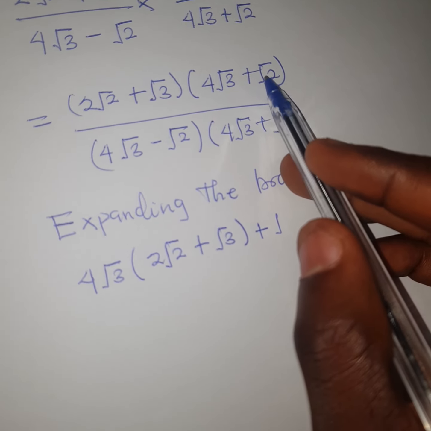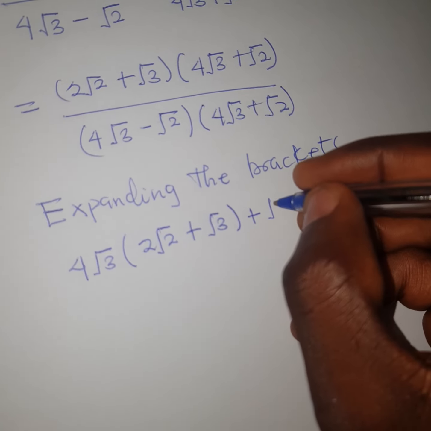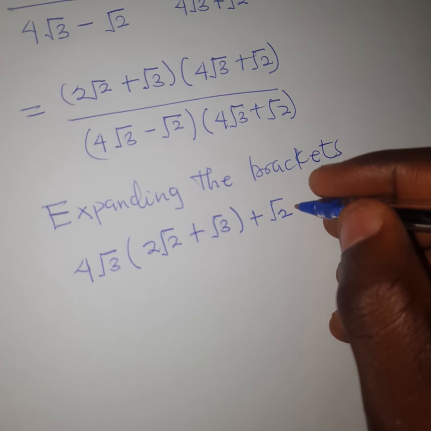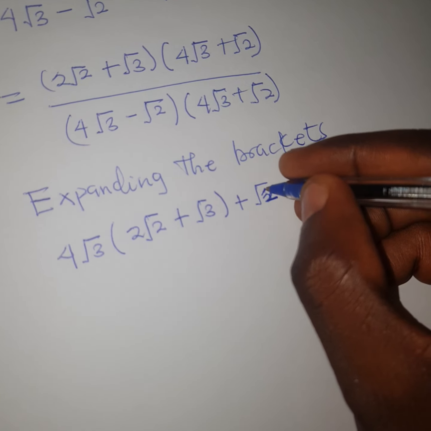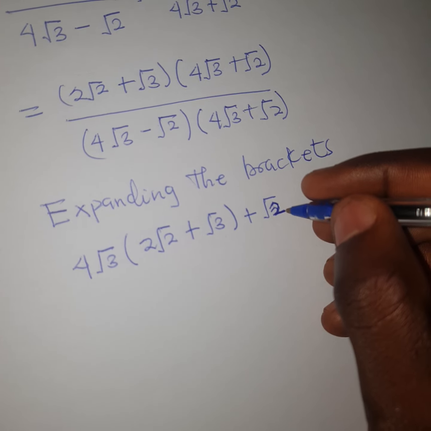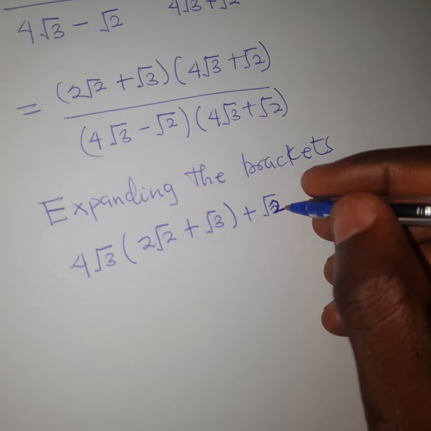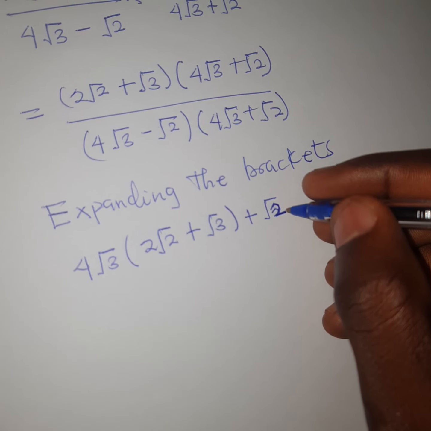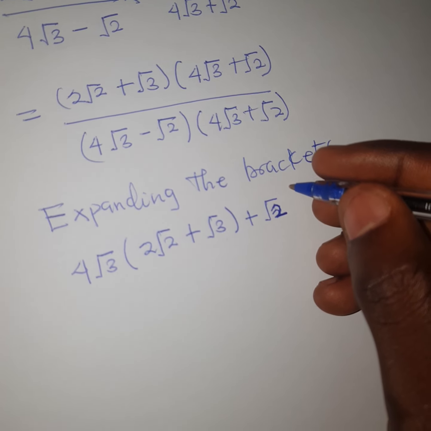Then we pick the 2 and multiply it by the whole of this bracket, so root 2. That is how we expand multiplication. If you watched the previous video, you understand what I'm doing, because I told you that you liken surds to algebra, and in algebra that is what we do.